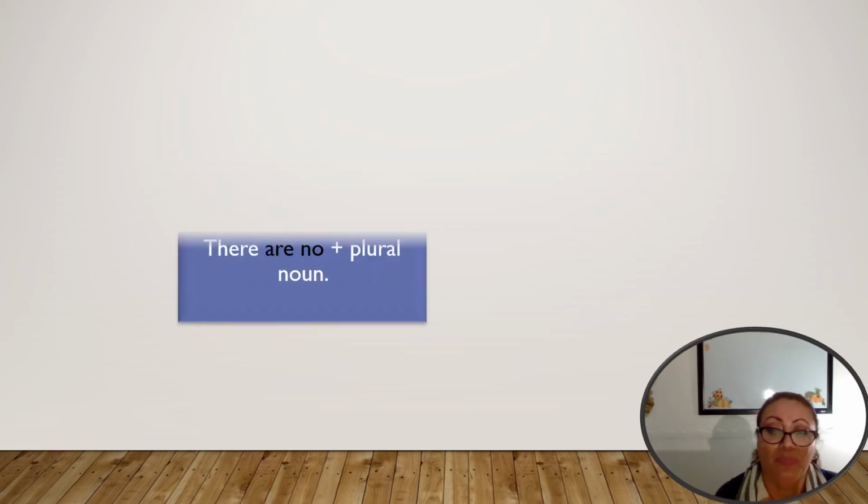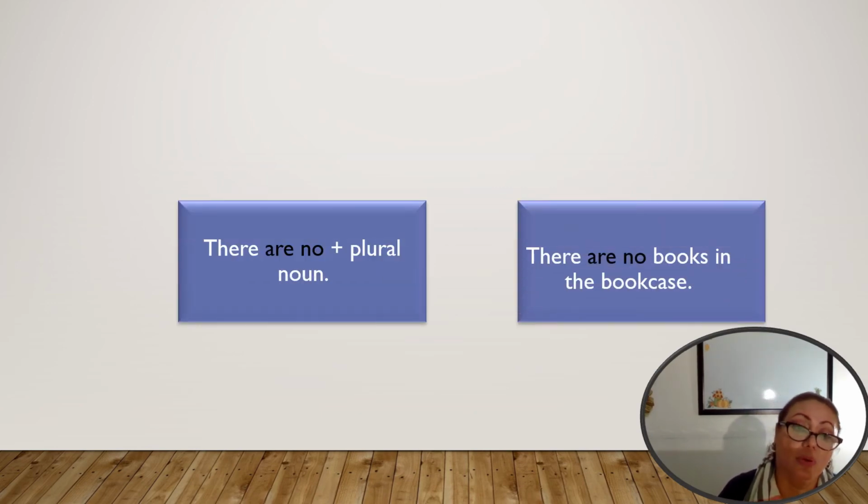See the difference? The same thing is going to happen with plurals. I have there are no, because look at this situation here. You have there. The sound is there. I cannot make a contraction where the word sounds like there, because here it is are.